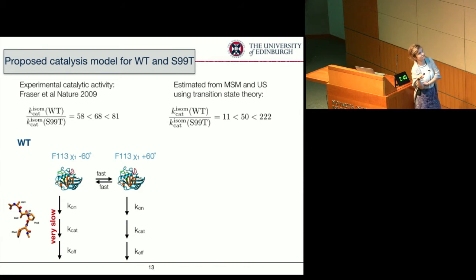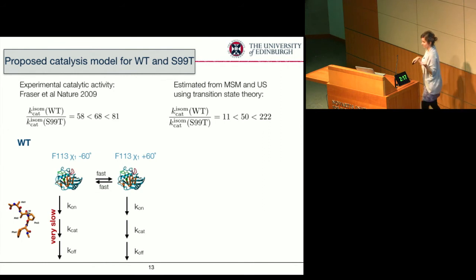And this is what the experimental paper of 2009 suggests. Using our MSM data for the populations of the states and transition state theory from umbrella sampling, we can massage our data in a very simplistic way to actually match this ratio of rates.